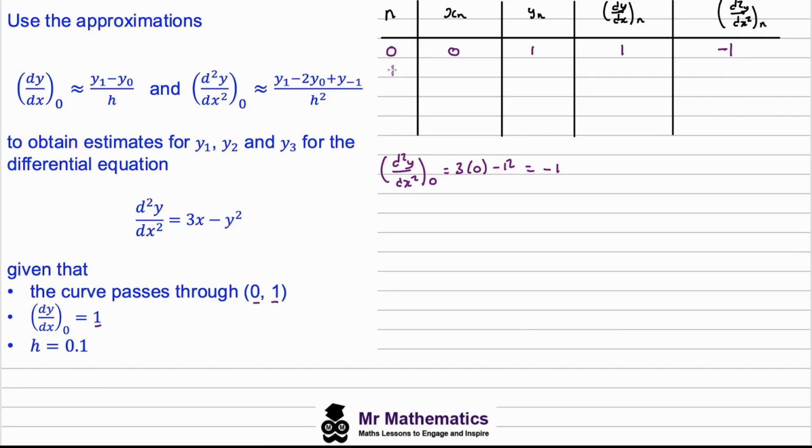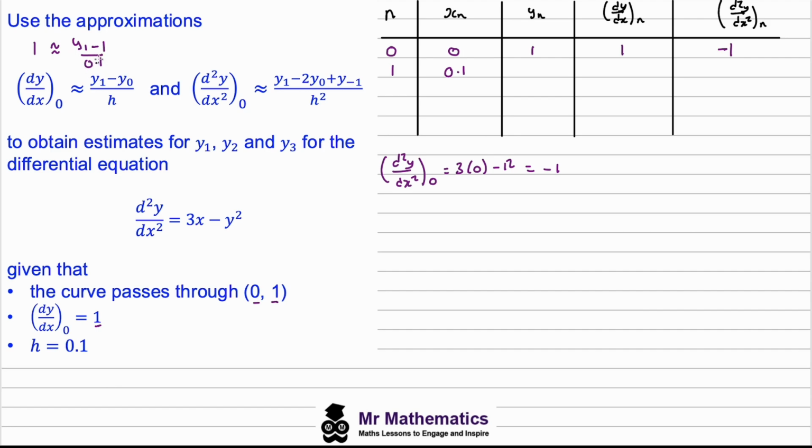And then when n is 1, because h is 0.1, x will be 0 plus h, so 0.1. And then we need to think about y1. To work out y1, we need y negative 1, but we don't have this, so we can't use the second derivative. But what we can do is use the first derivative, because we've got the initial gradient of 1. This will become 1. This will be approximately y1, which we're trying to find, minus the initial y, which is 1, over h.